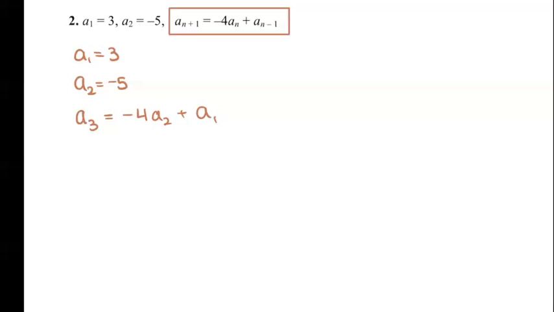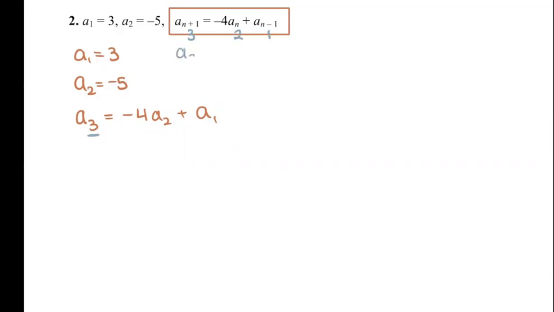If you like subbing in the values, you can also think of it as n plus 1 must be equal to 3. And if n plus 1 must be 3, because we're looking for the third term, that means n has to be 2, which means n minus 1 has to be 1.